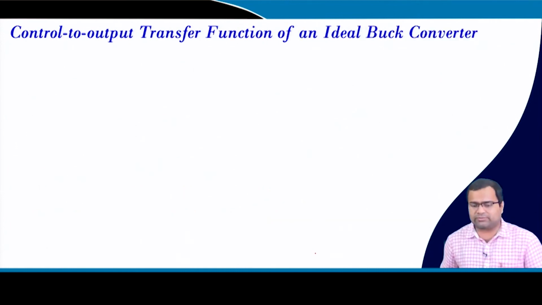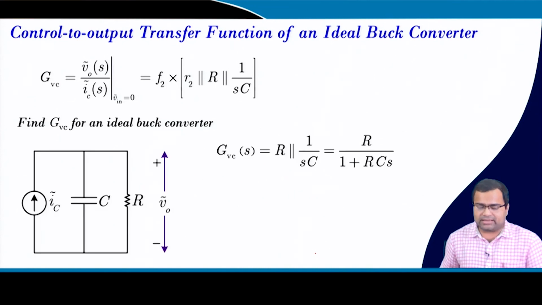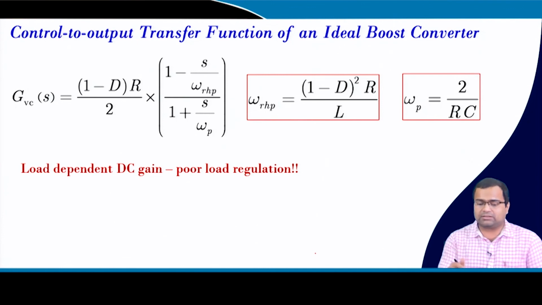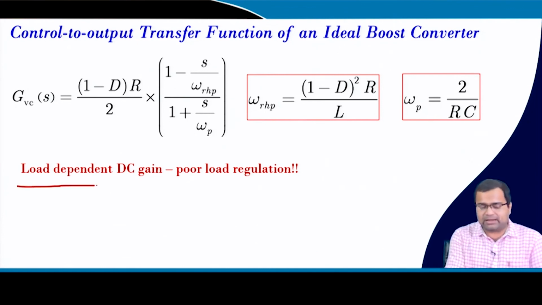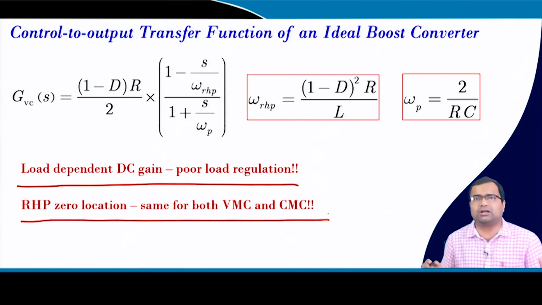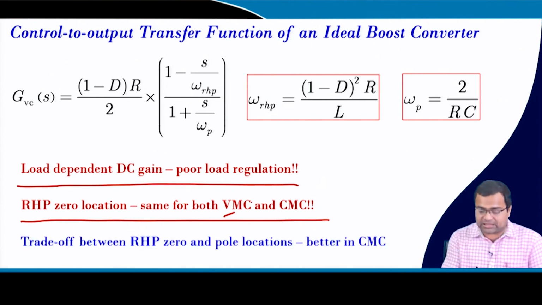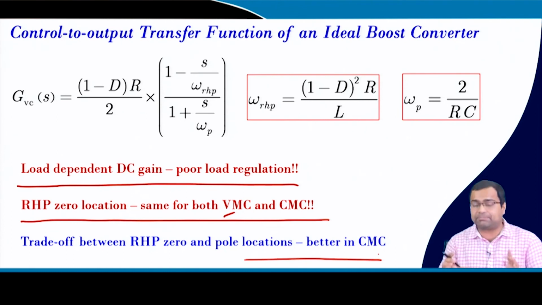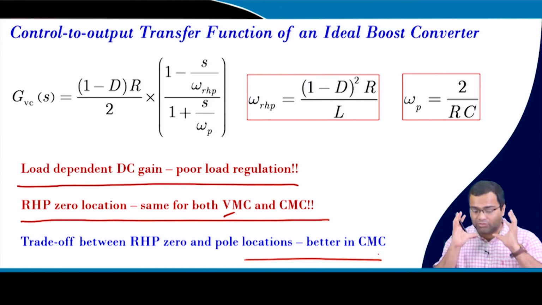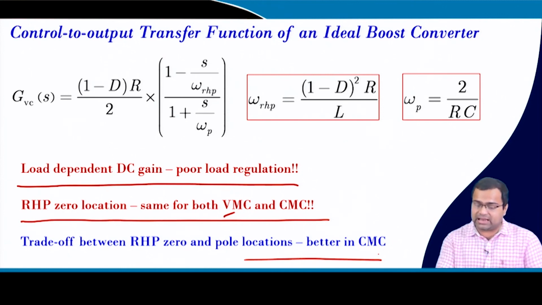So, the control to output transfer function of an ideal buck converter we can derive, and we can derive it for an ideal boost converter: the RHP 0, the load dependent DC gain, poor regulation. The RHP 0 location is the same for both voltage mode, like duty ratio control, and current mode control, and the trade off between RHP 0 and pole location is better. This part we will take up when we go to the design of voltage and current mode. We will see that for voltage mode generally the cutoff frequency is kept at F RHP by 5.